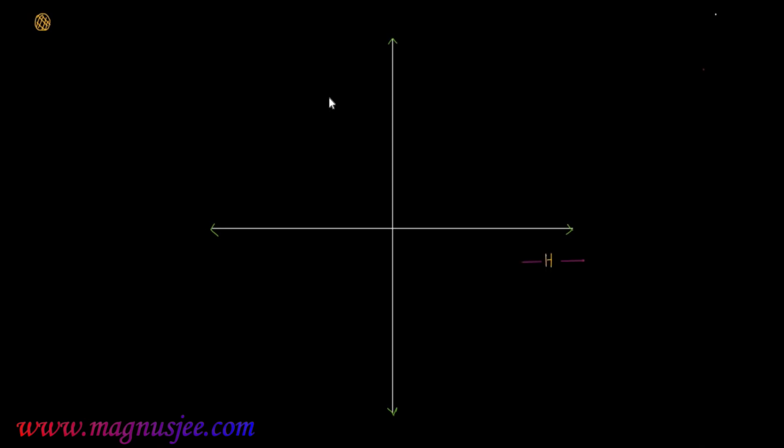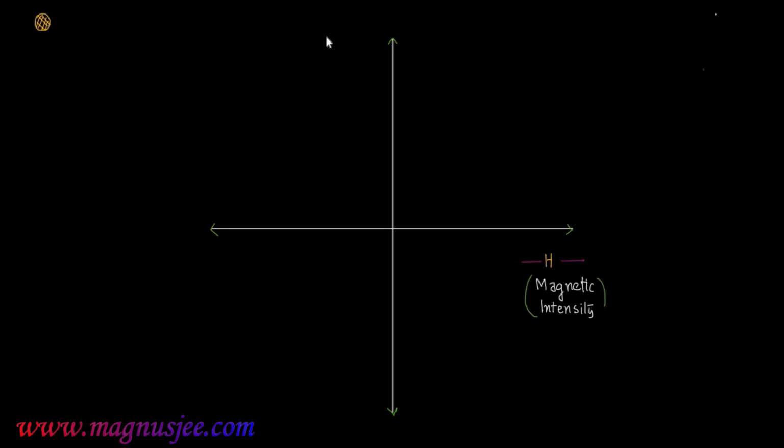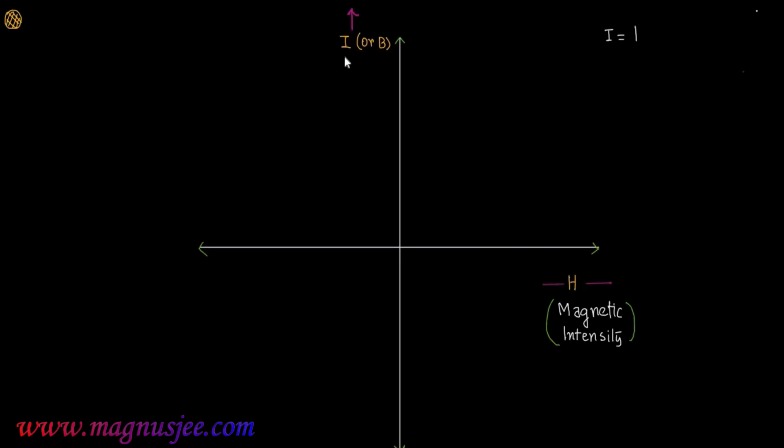In this case, along the x-axis, the magnetic intensity or magnetic field strength, capital H, is plotted. That means in the horizontal direction, magnetic field strength will be plotted. And I, the intensity of magnetization, will be plotted along the y-axis.